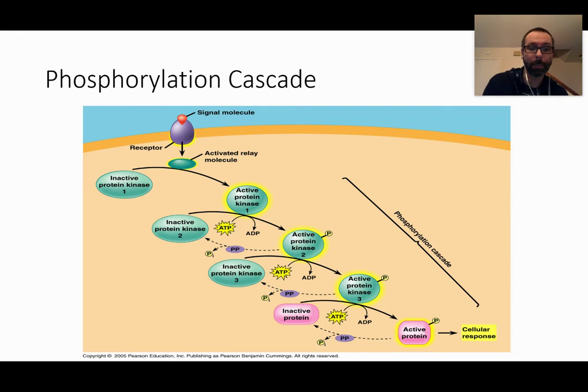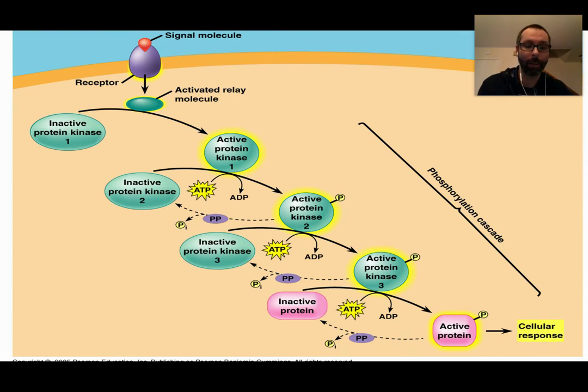So here is a picture of a phosphorylation cascade, and it is rather complicated, as you can see. This is definitely one of those times where you need to remember that you should not be looking at this as if it is one picture. This is 9 pictures combined into one picture, and you should be looking at it that way, and that's the way that I'm going to look at it right now, right?